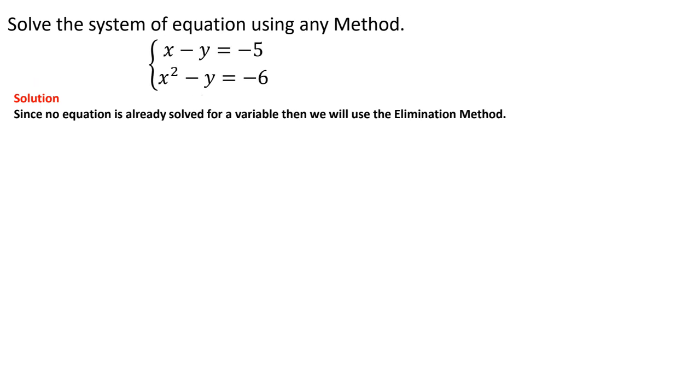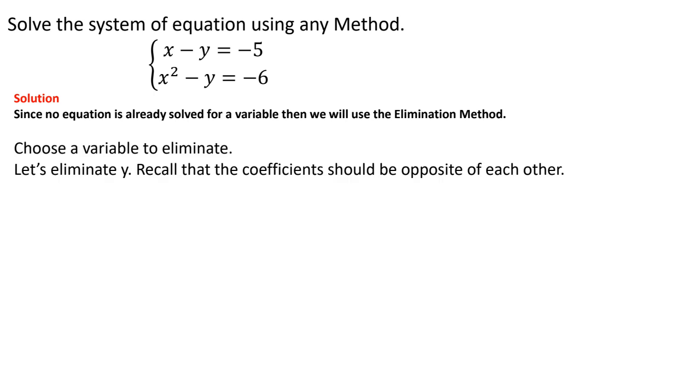We have x minus y equals negative 5, x squared minus y equals negative 6. Okay, so let's use the elimination method again. And I want to get rid of the y's again. But if I see here, both y's have the same sign. So they have the same value. Both of them are 1. But in order for them to be opposite signs, all I have to do is multiply one of the equations by a negative 1. Yes?